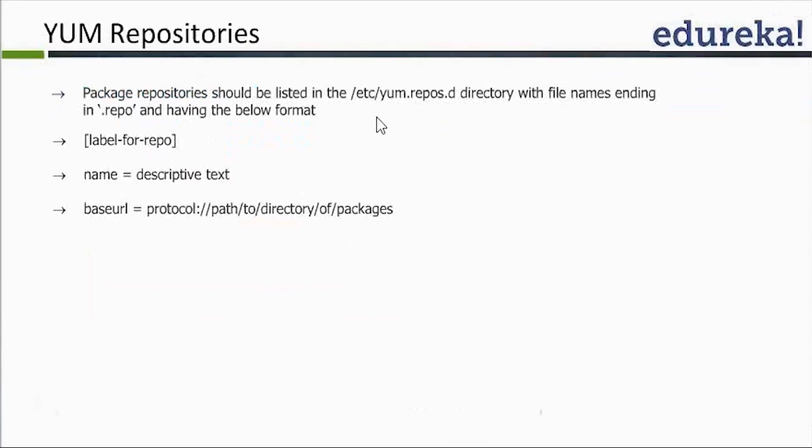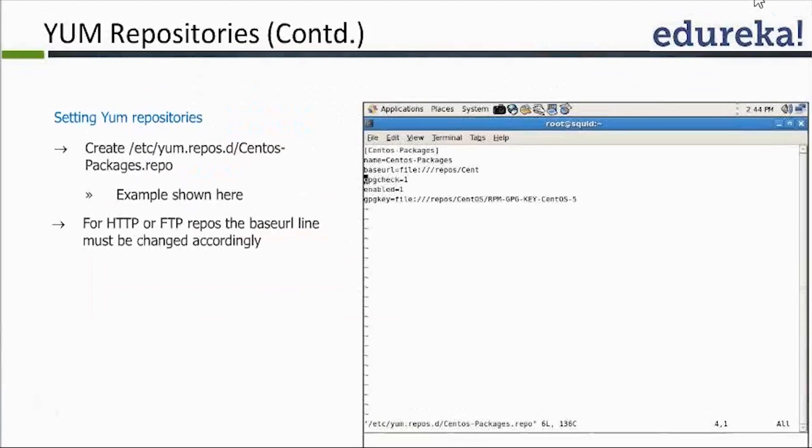This is the directory structure, /etc/yum.repos.d, where we have multiple repository files that are created. You can have multiple repositories. By default yum will follow the order: it will search the first repository, and if not available, it will search the other repositories as well. You just have to configure it.